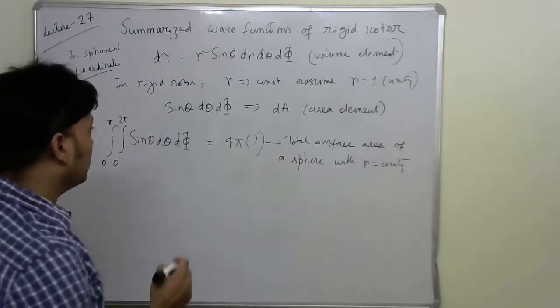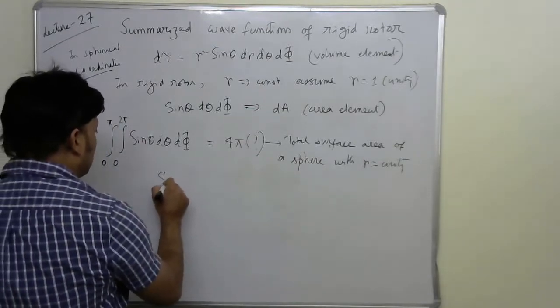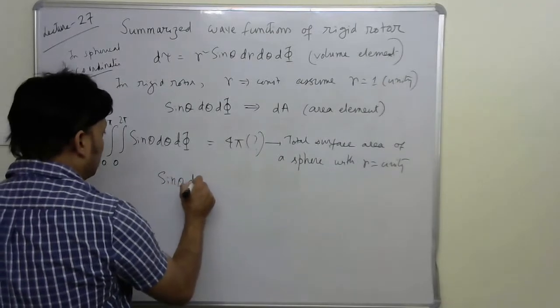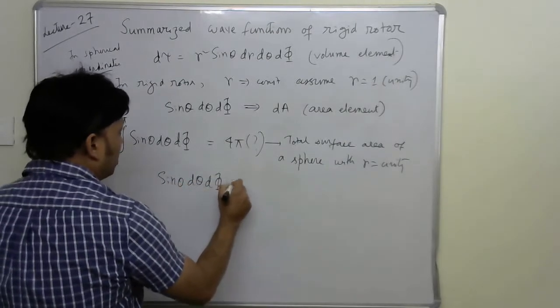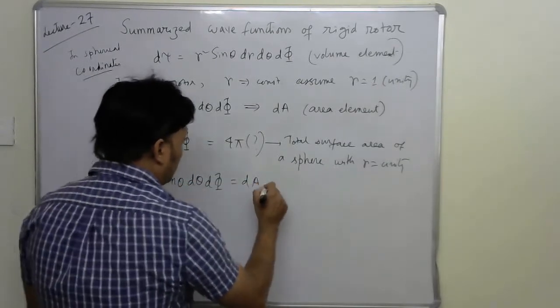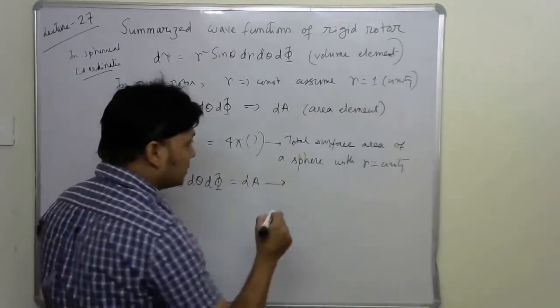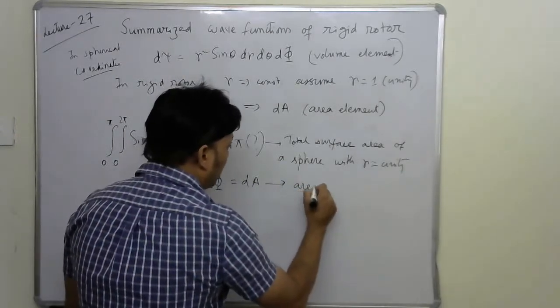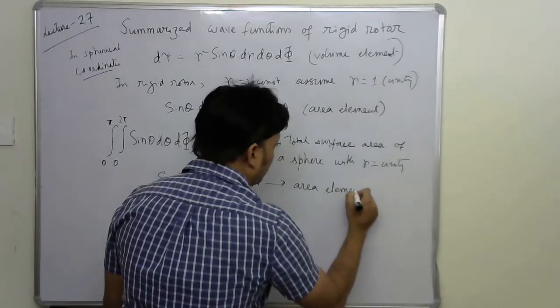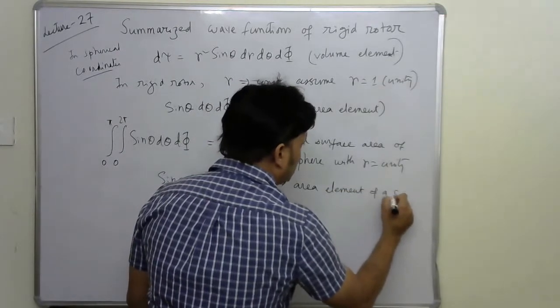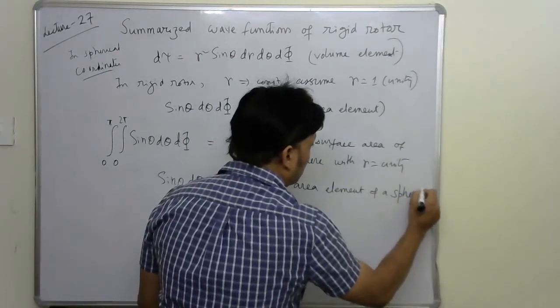So sine theta d theta d phi is equal to dA, also known as the area element of a sphere.